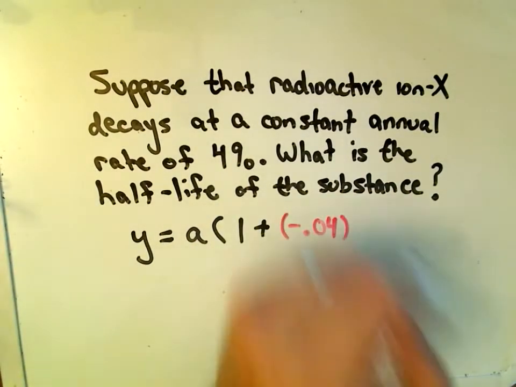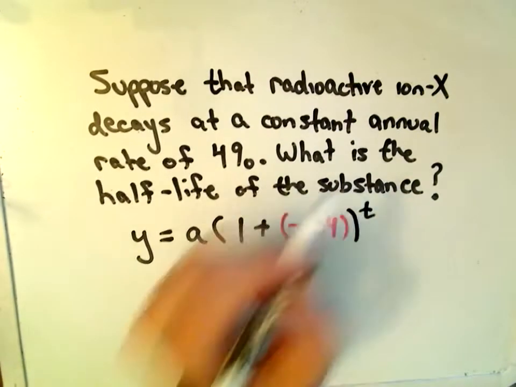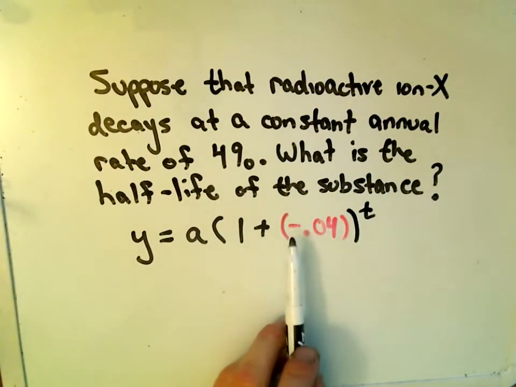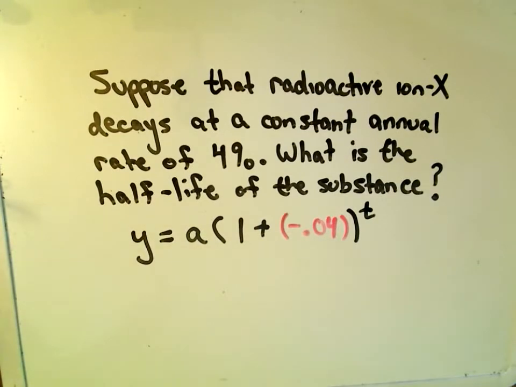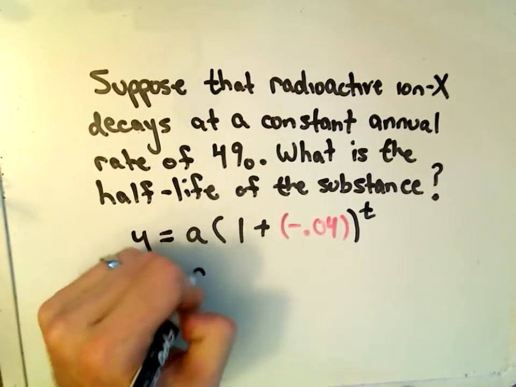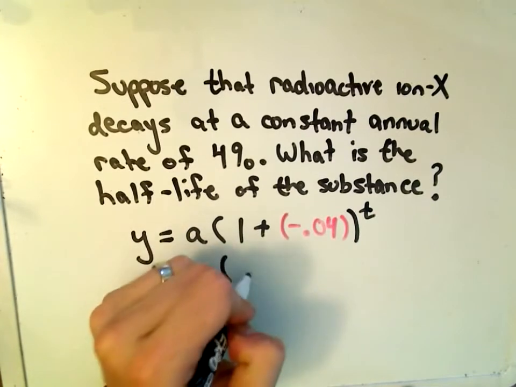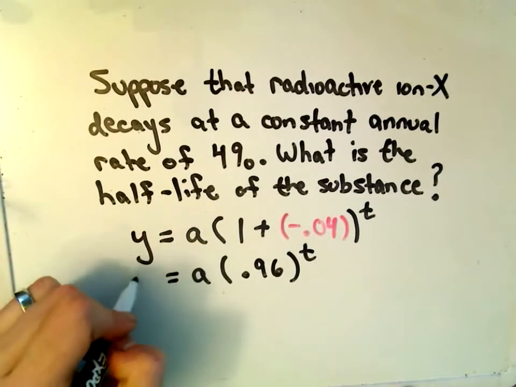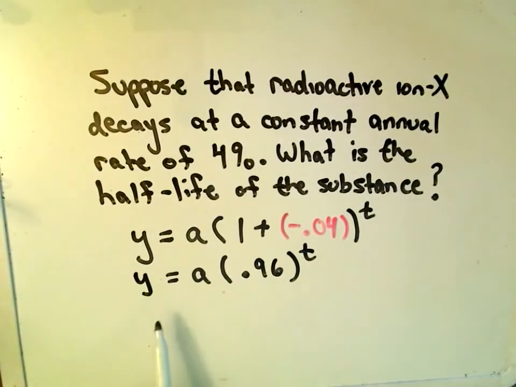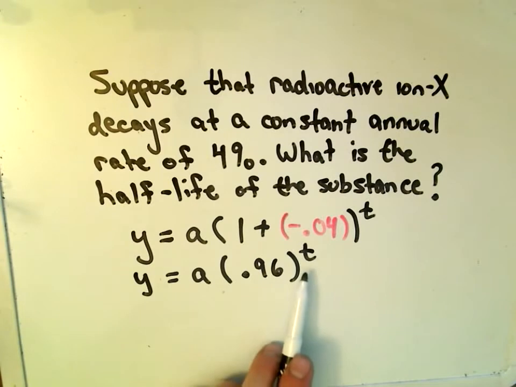The negative indicates that it's decreasing by 4%. Here I would just simplify this down, and we would get 0.96 raised to the t power. So basically this formula is going to tell us the amount of the substance that remains after t years, since it has an annual rate.